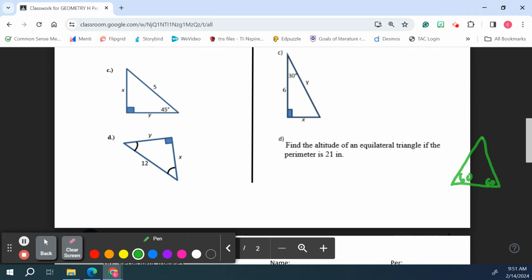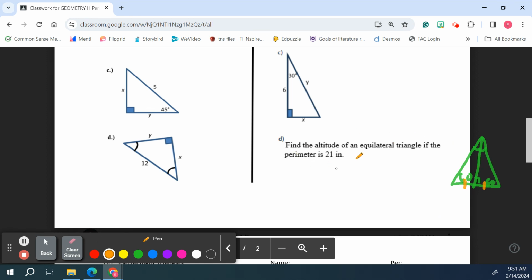Now, what they're asking you to do here is to drop an altitude, which makes these two congruent. It bisects the angle, right? But this altitude is not just acting as an altitude, it's also acting as a what? Begins with an M. Close. Median. It's acting like a median, right? So that means this is congruent with this.